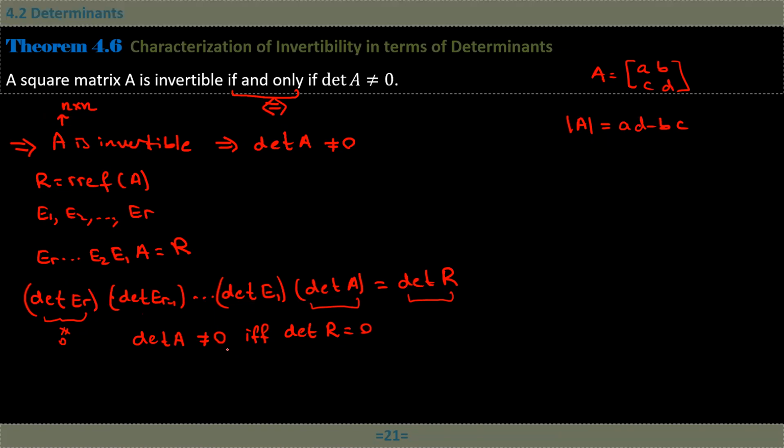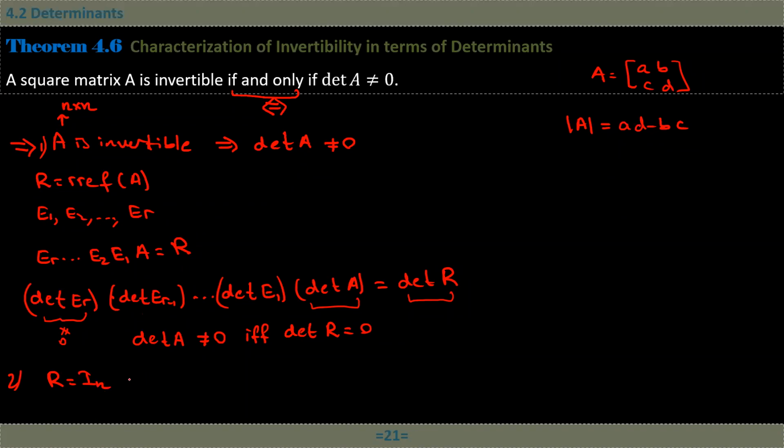Anyway, now I will just use this part. Now I assume that A is invertible, right? And now I have to show that determinant of A is not equal to 0. If A is invertible, then by the fundamental theorem of invertible matrices, we know that this R should be equal to In, because when you reduce this to reduced row echelon form, it is the identity matrix, right?